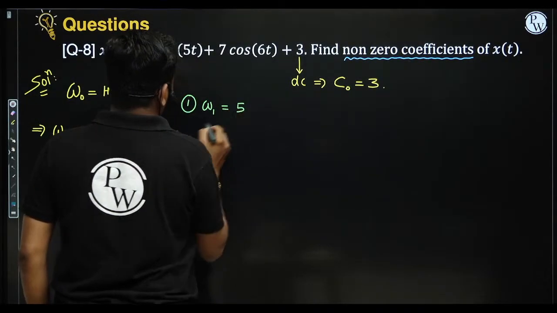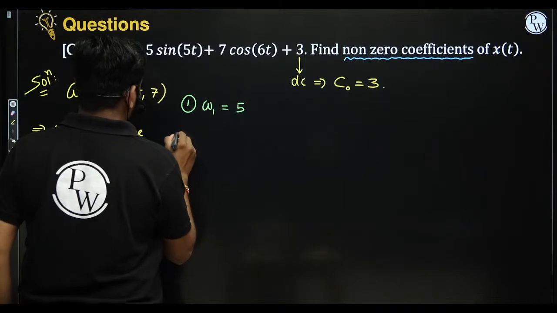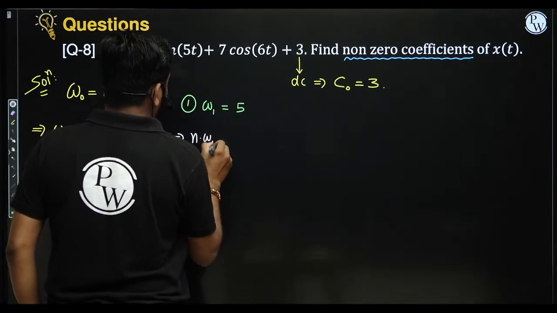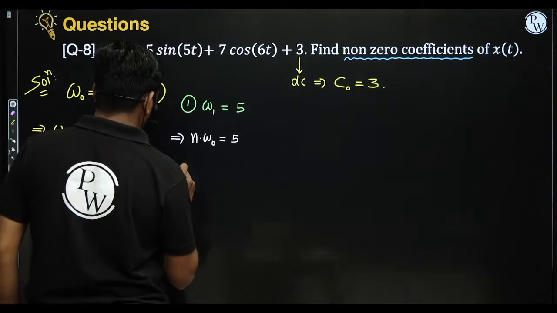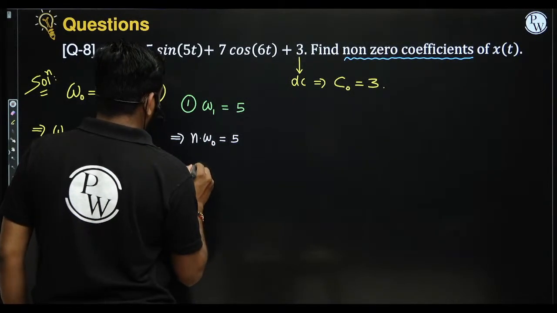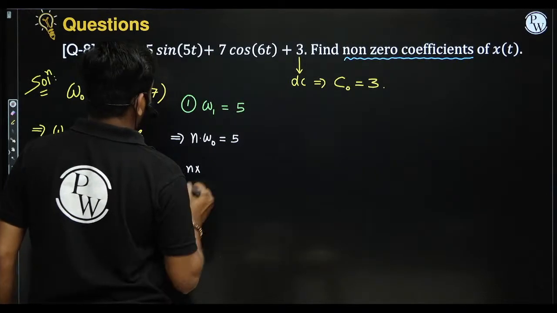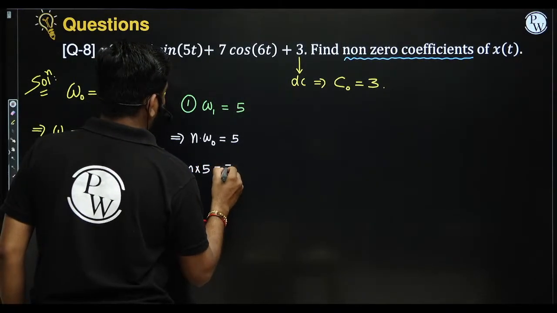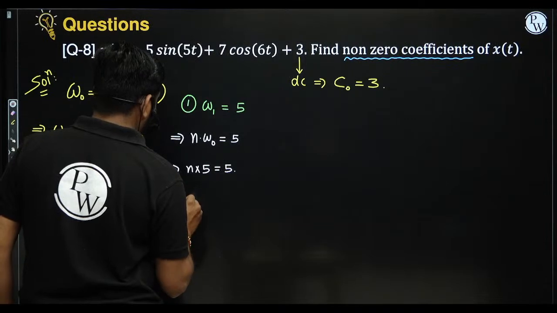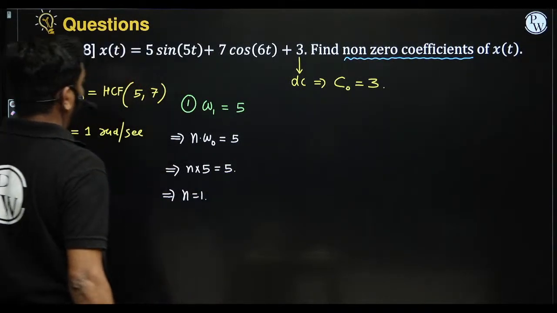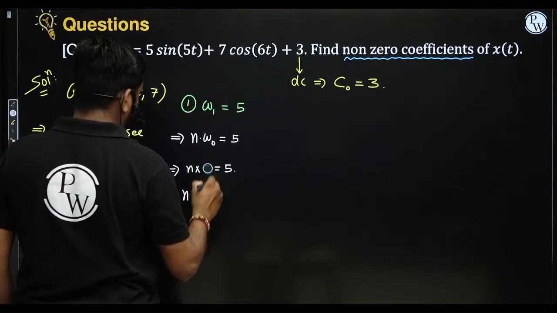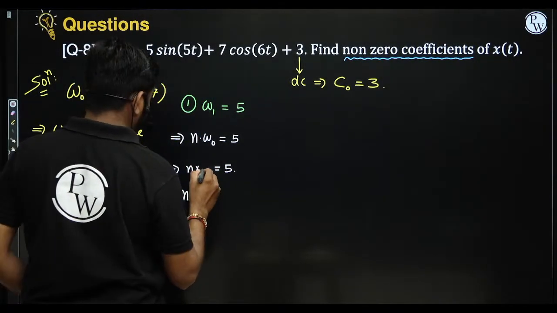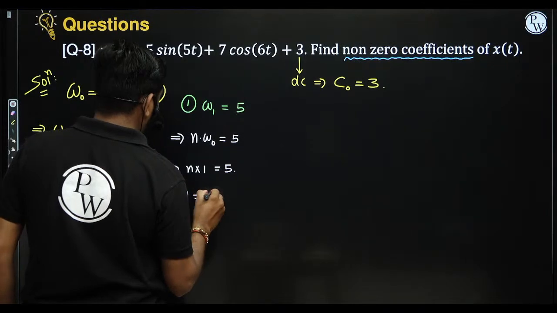Omega 1 equal to 5. So here n omega 0 is equal to 5 guys. So n into omega 0, omega 0 is 1, which is equal to 5 guys. Correct? So n is equal to 5. Sorry, my mistake. Omega 0 is equal to 1. So n equal to 5.